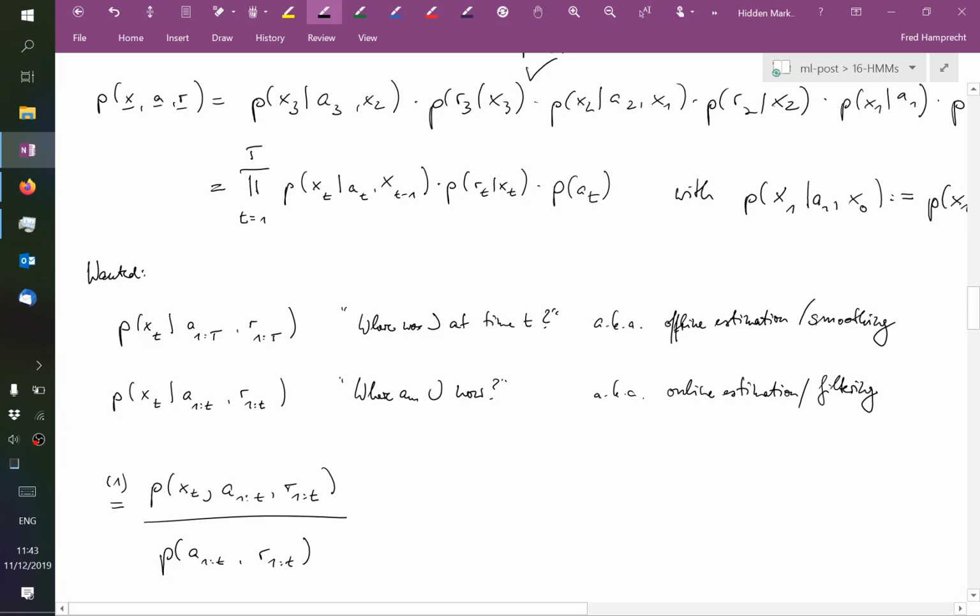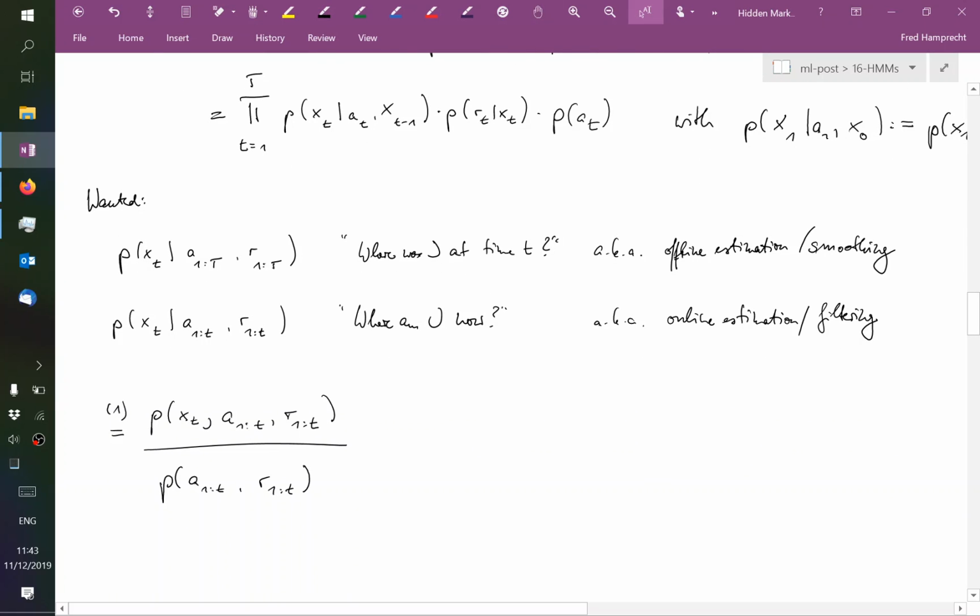This is generally true, except that here the denominator, it's important to get correctly normalized probabilities out, but it does not depend on the location.